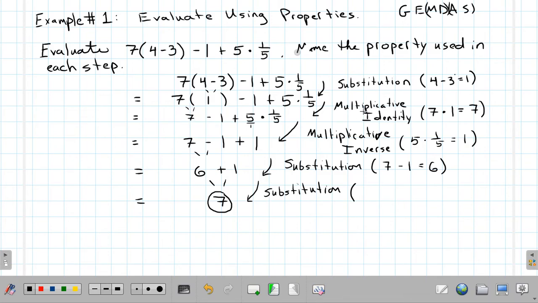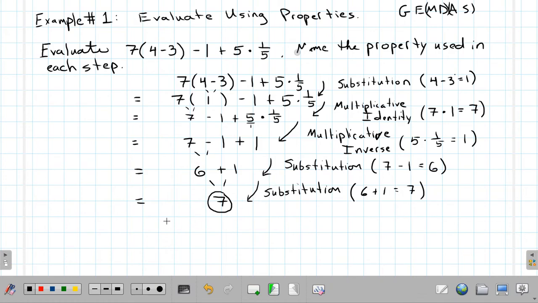It's multiplicative identity. 5 times 1/5 is 1. Well, that's the multiplicative inverse. But like I said, these other ones, 6 plus 1, we don't have a property that tells us a number plus 1 is equal to anything special, okay? In this case, we just have to go and say, well, we know 6 plus 1 is 7. So we can replace the 6 plus 1 with 7. So that is substitution.